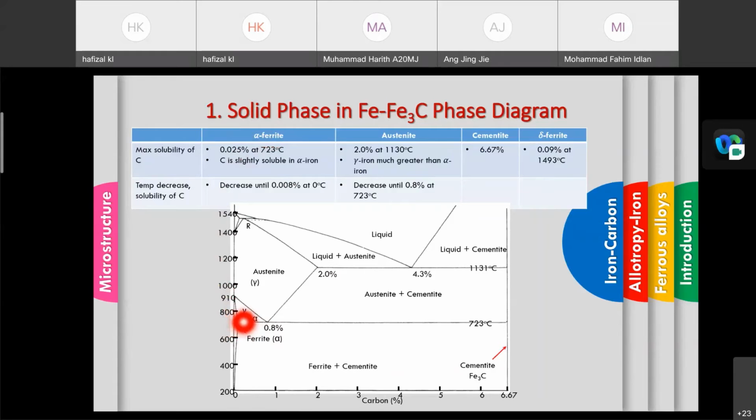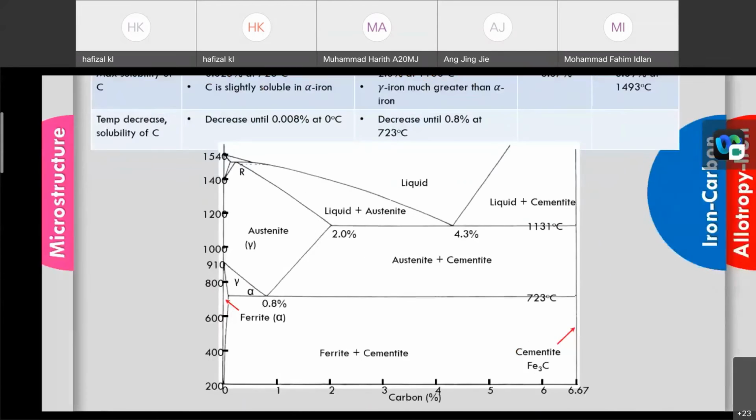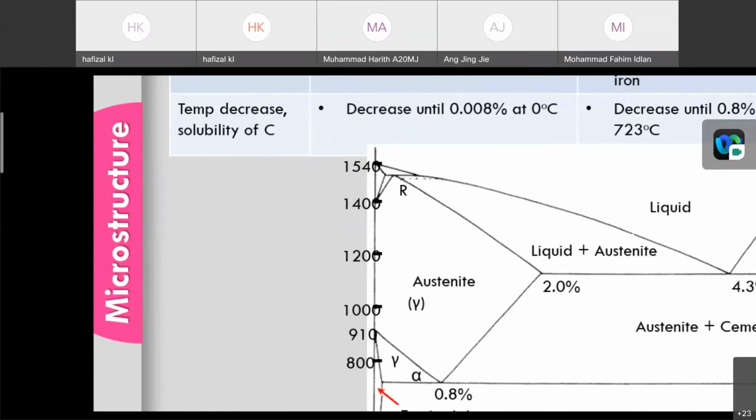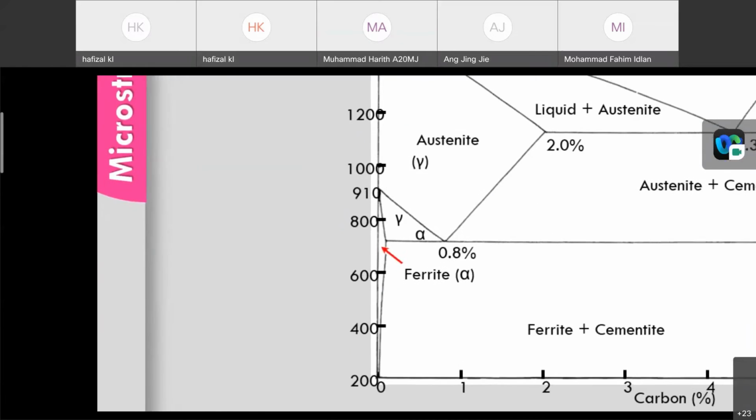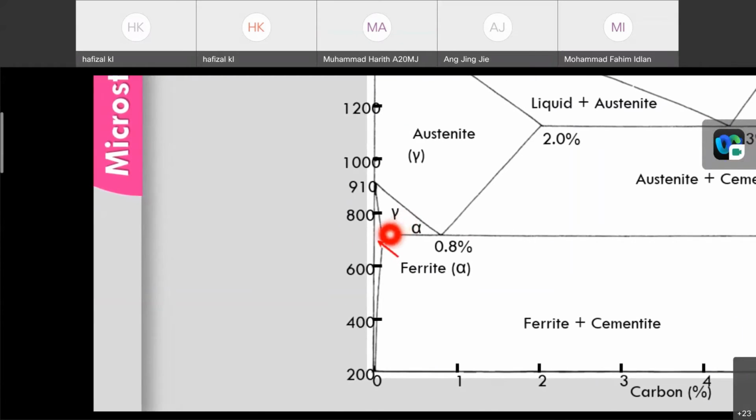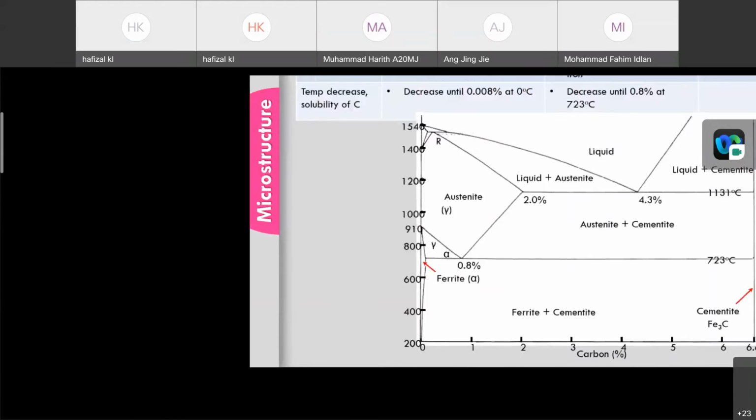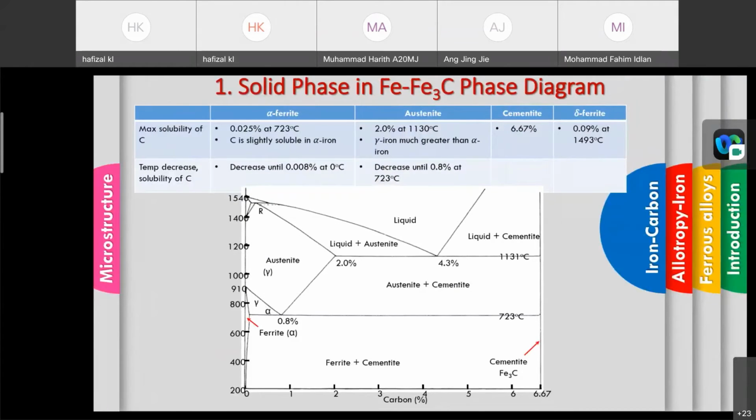Okay, if you look at the bigger size, maybe you can see at this area, the maximum value of solubility of carbon. And then we project to the x-axis down here, we can get the value is around 0.025 percentage of carbon. That one is at 723 degrees Celsius here.